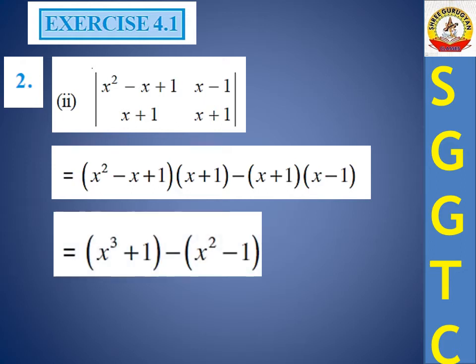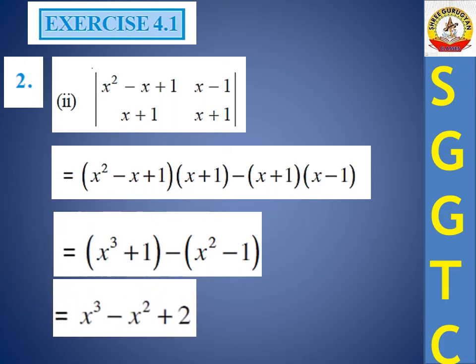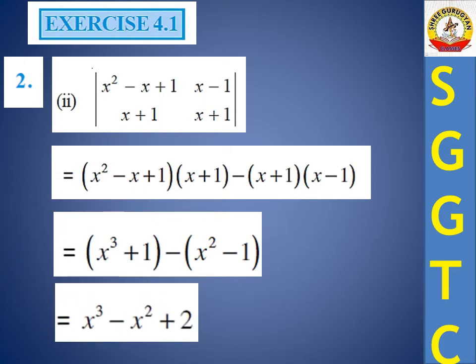If you further calculate, you know the x cube plus 1 property, and the last two factors x plus 1 and x minus 1 you also know give x square minus 1. After expanding you get x cube minus x square plus 2, and that is the last answer: x cube minus x square plus 2. This question is over, students, and it is a 2 marks question.